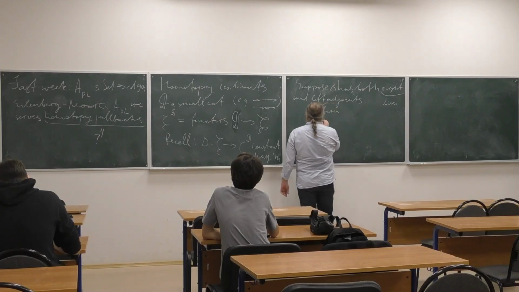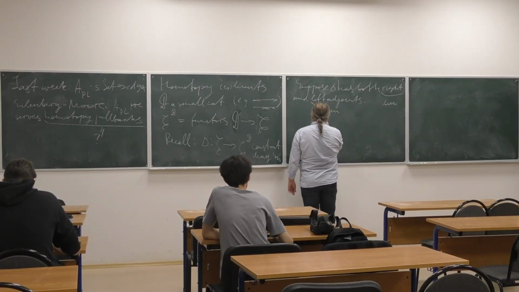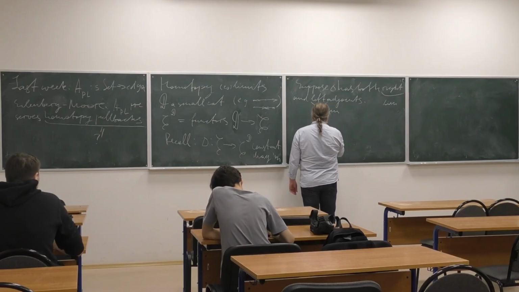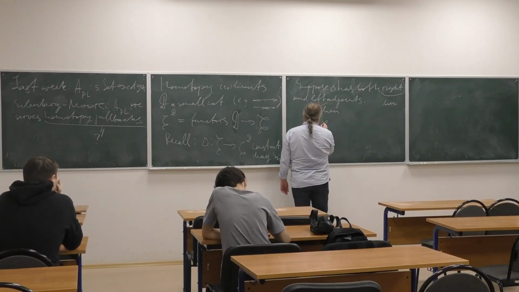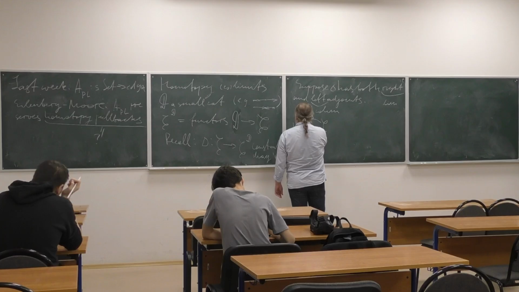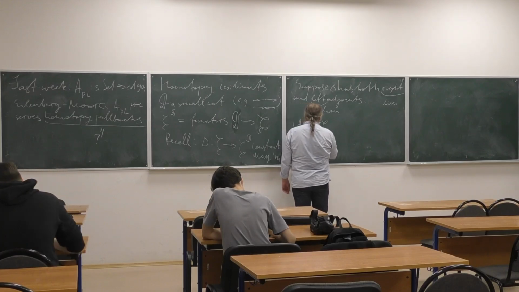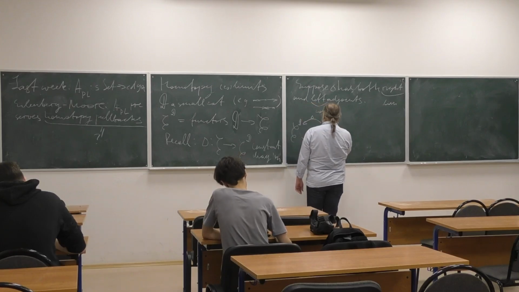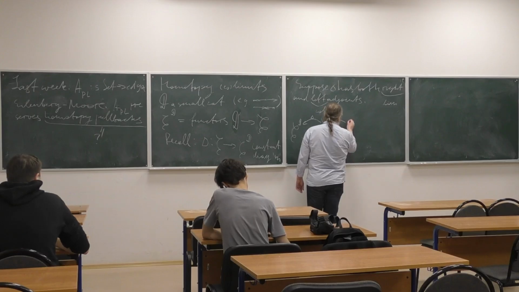So we have C which goes to the C to the D. The right adjoint is lim, and the left adjoint is co-lim.